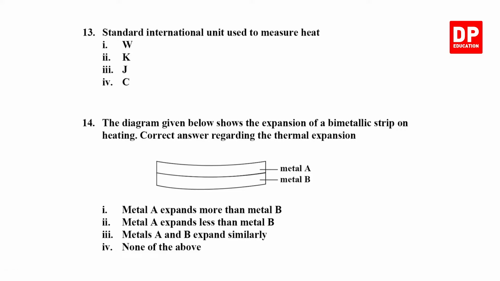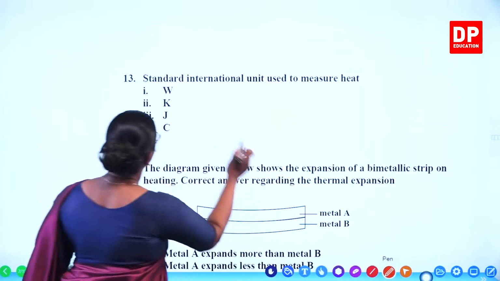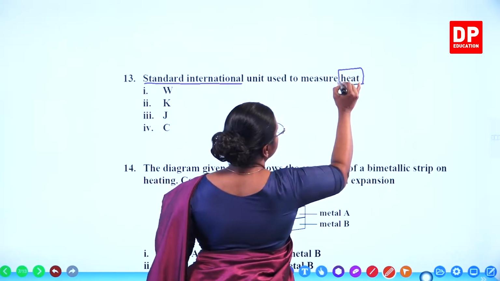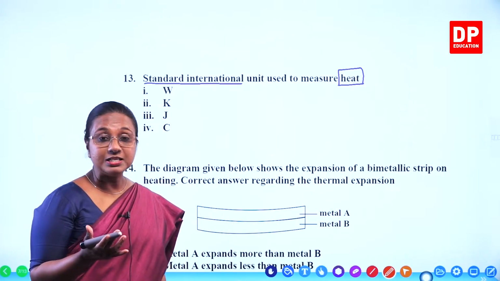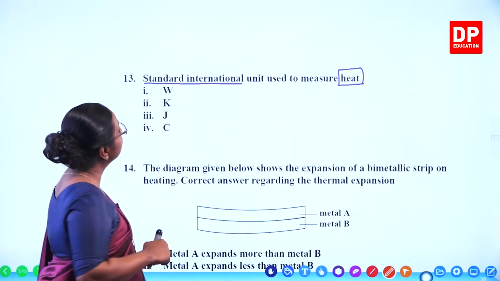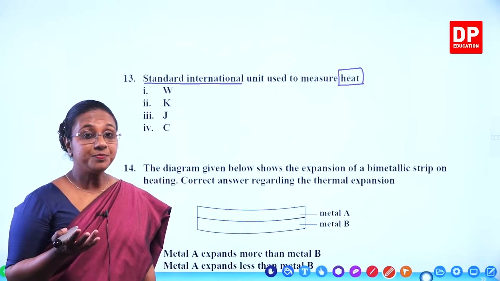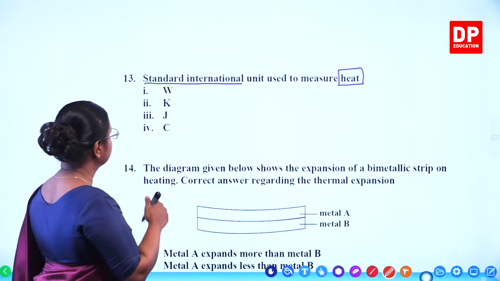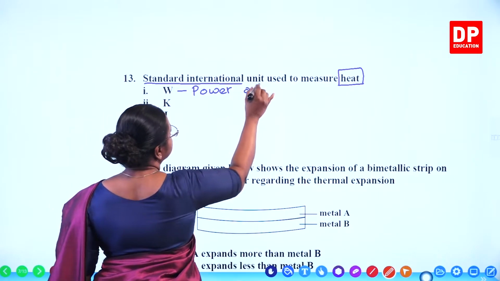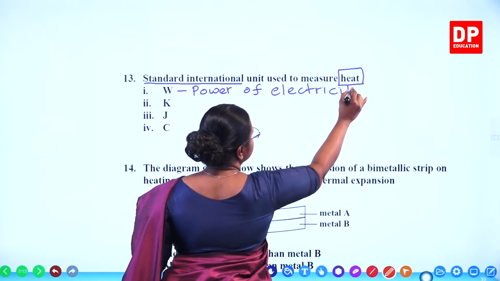Question number 30. The standard international unit used to measure heat. Heat is a form of energy, so what is the unit? It has to be joules. If you take W, capital W, that is watts, which is actually the power of electricity.